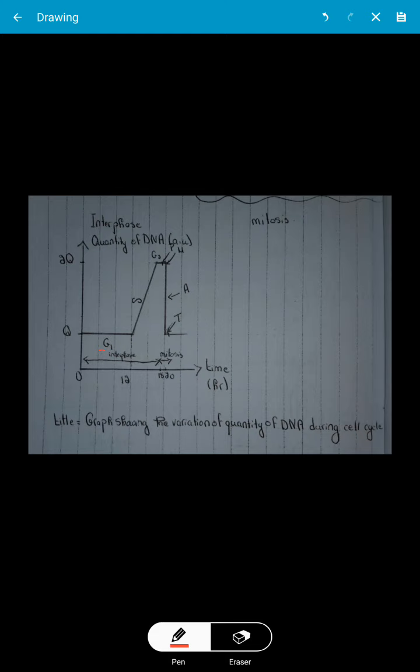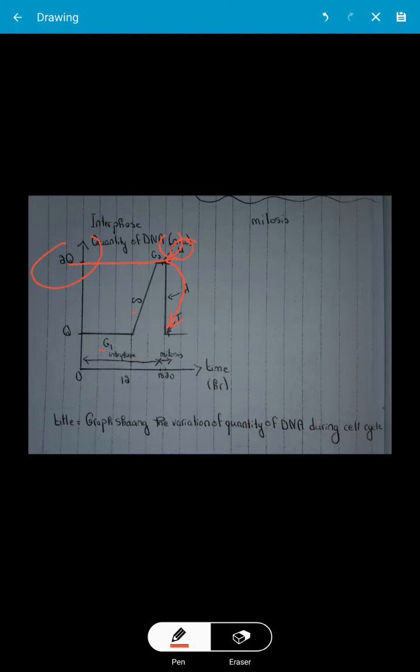So G1, S, G2. Directly after G2 comes the mitosis, the cell division. Directly after G2, here we have prophase and metaphase. Why here prophase and metaphase? Because here the quantity of DNA is still doubled. When the quantity of DNA starts reduction, it goes from 2Q to Q. It is being reduced to half.